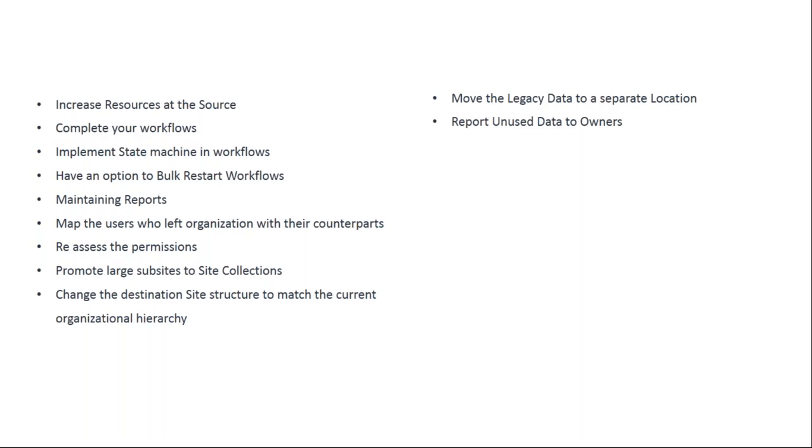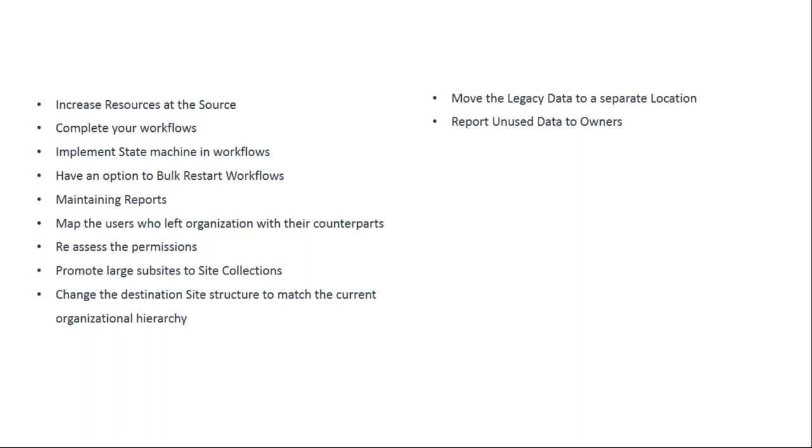Report unused data to owners. A lot of times when we generate reports, we see that items were last modified 3 years ago, 4 years ago. All of them might not be useful, and they're just lying there because nobody bothered to delete them.